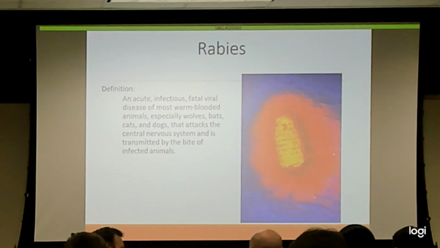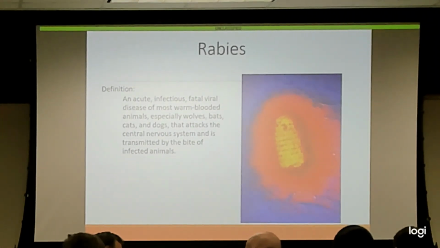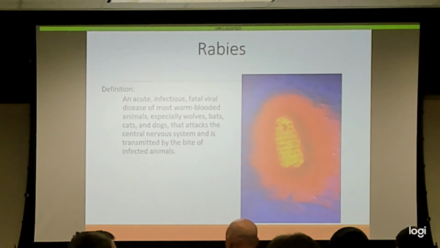By 1885, he actually had a working prototype to give, where they had this little kid who got mauled by what they thought were rabid dogs. He gave it to him, and the little kid survived, didn't get rabies, and we're talking back in 1885. So ever since then, we've been developing the vaccine over time to what it is nowadays.